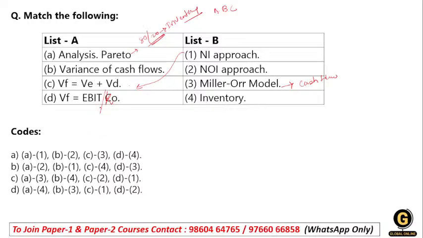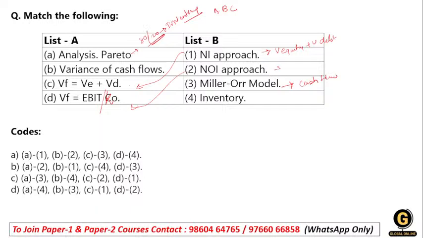Then the value of the firm is equal to earnings before interest and tax over the cost of capital. This is the overall valuation of the firm, part of the valuation approach, especially net operating income. Understand one more thing: the value of the firm in the NI approach is calculated with the help of value of equity plus value of debt.